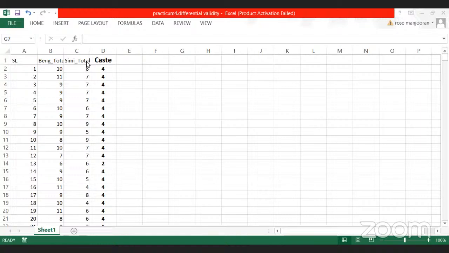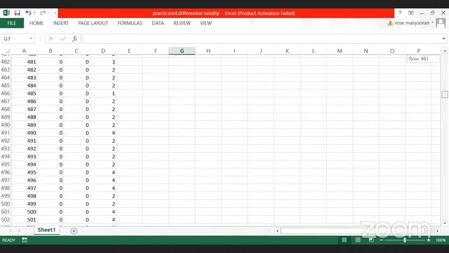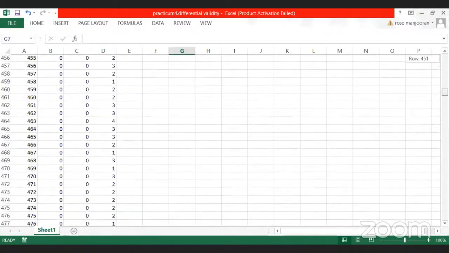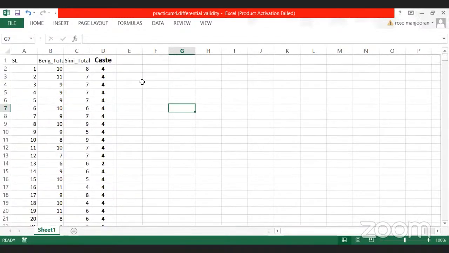Okay. So we have written 4, then down we can see 2, 1, 3, etc. What this indicates is that we are classifying based on caste. 4 indicates UR, that is the unreserved category. This is the classification which we are making with respect to caste.